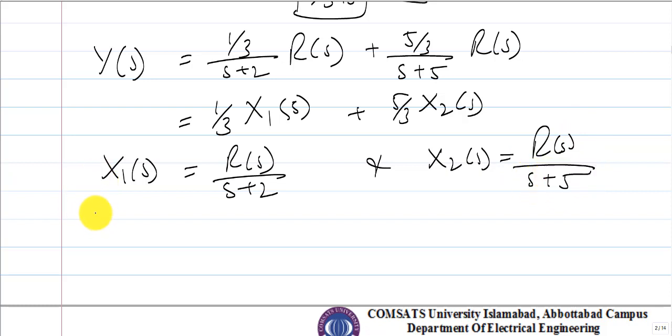Taking one equation at a time, we get (s + 2) X1(s) = R(s).